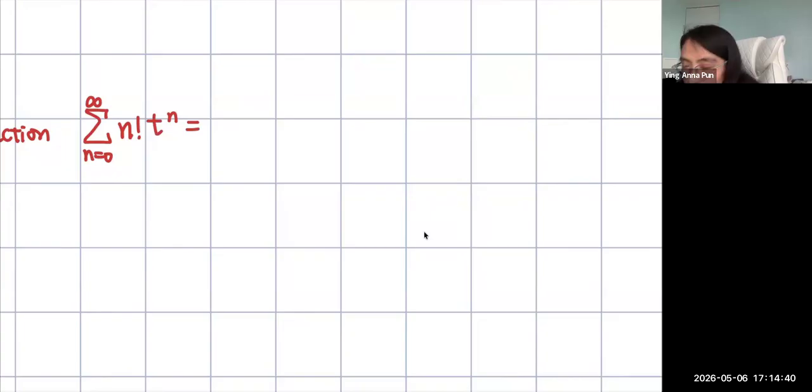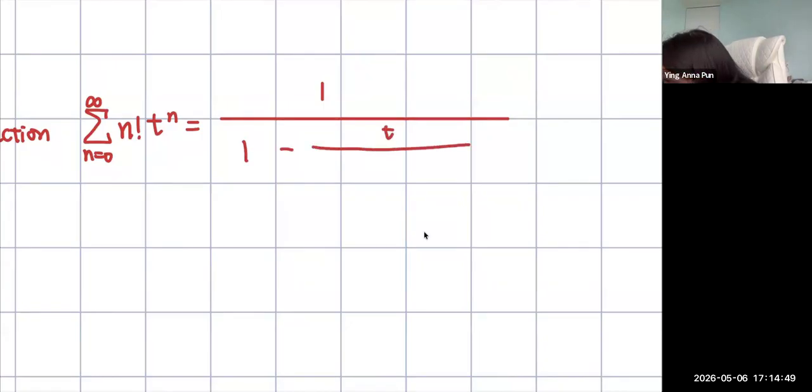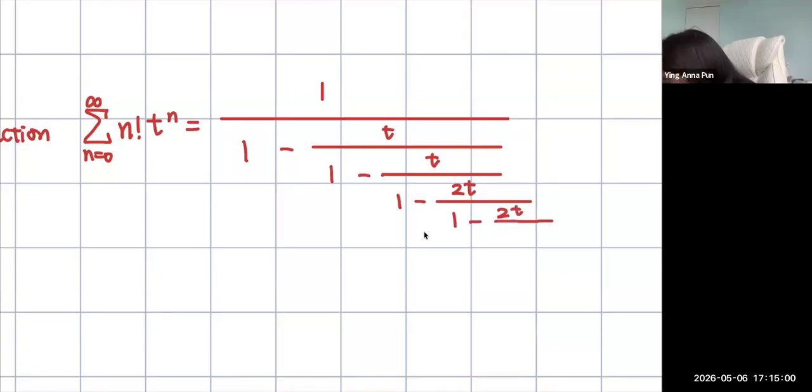Okay, so how do you write it? It's actually 1 over 1 minus t over 1 minus t over 1 minus 2t over 1 minus 2t over 1 minus 3t over 1 minus 3t over 1 minus 4t over 1 minus 4t over 1 minus 5t, and so on.